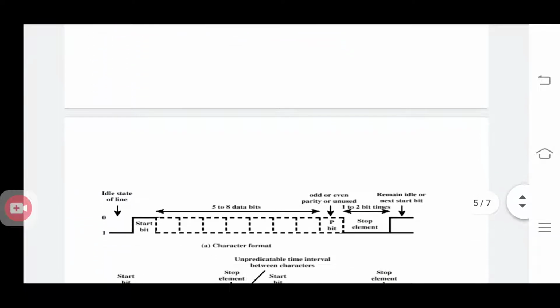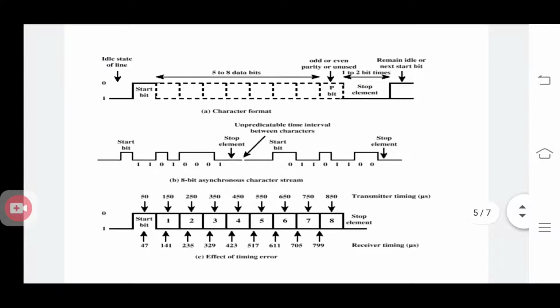And this is the structure of asynchronous transmission. You can see that in a steady stream, 5 to 8 data bits are transmitted at a time. It is something like a uniform structure. But in the case of the idle state, the receiver looks for a transition from 1 to 0. We can add even or odd parity along with these data bits. And before the next character starts to be sent, there is a need of a stop element.